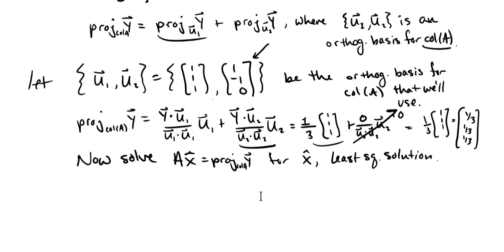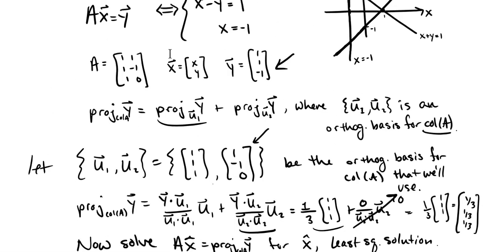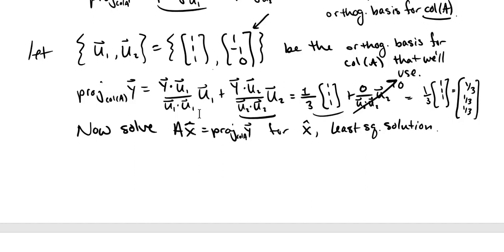A X hat equals the projection of Y onto the column space of A, where A is our original matrix, 1, 1, 1, negative 1, 1, 0, times this X hat vector, equals the projection we found. We projected that bad right-hand side into the range to make it good, right? To make it something we can solve for here, for our X hat.